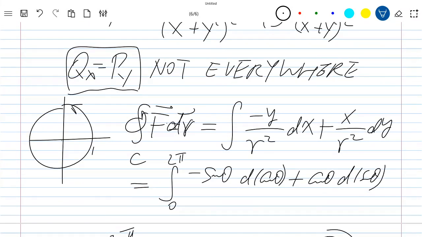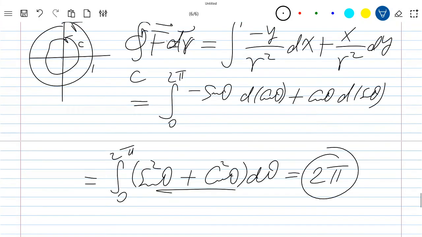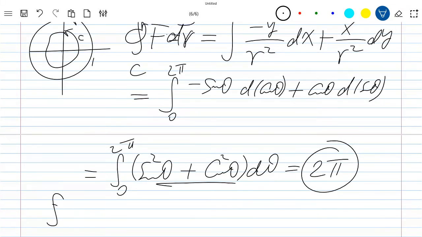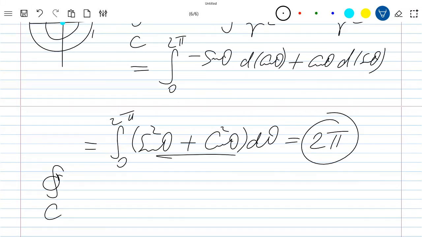Suppose you have another whatever domain, whatever curve, let's call it C. I claim the integration along this C, not necessarily that circle, anything that contains the origin, then this integration is also 2 pi.